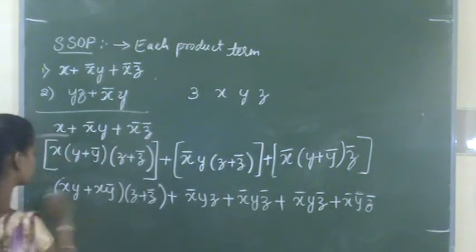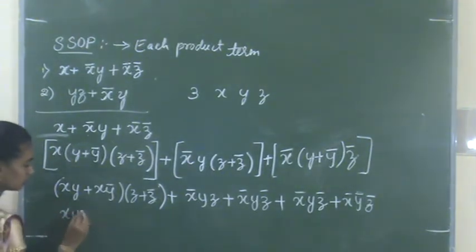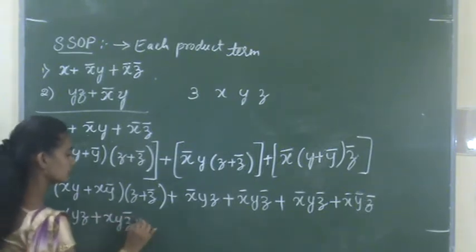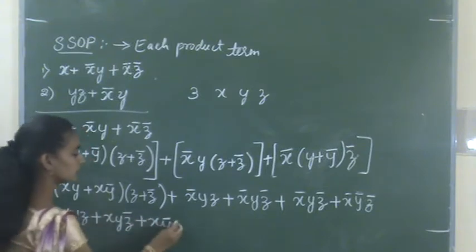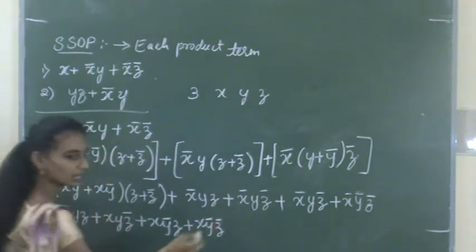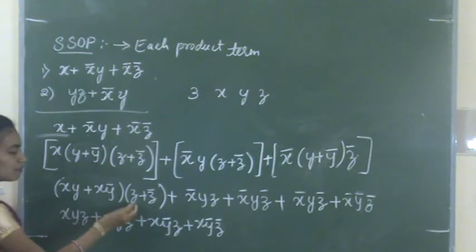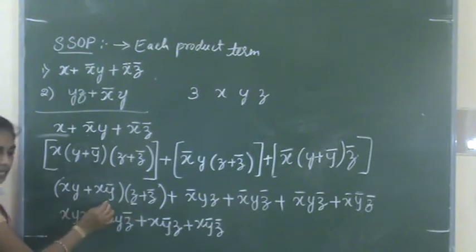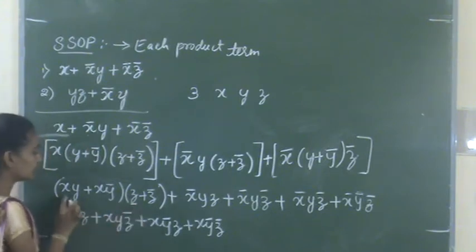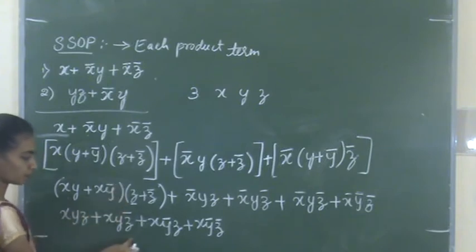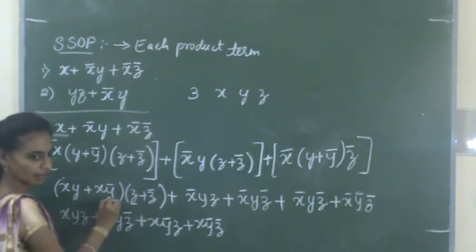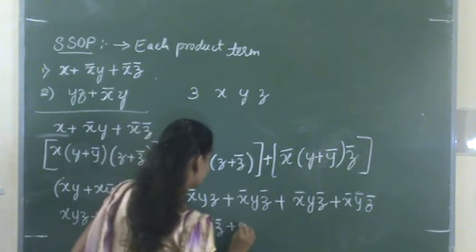Again multiply this: x y z plus x y z bar plus x y bar into z plus x y bar into z bar. I think you understand. I multiplied each term with the remaining terms. I multiply z with x y and x y bar, and then z bar with x y and x y bar, and write the remaining terms as they are.